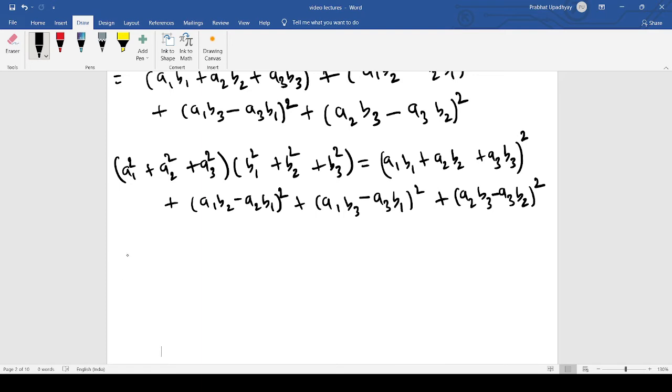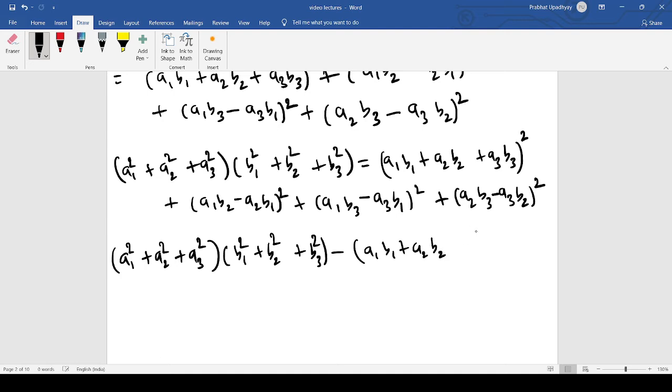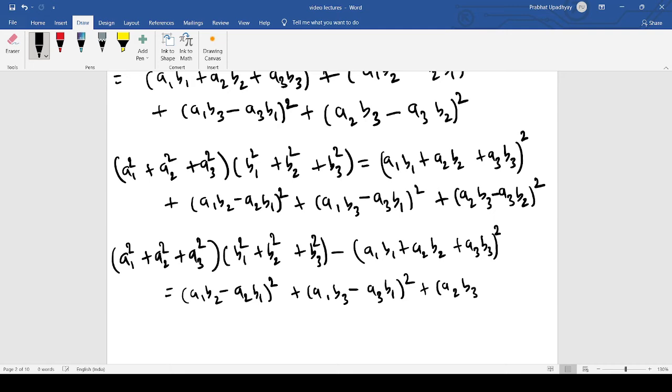And from here you will get a1 square plus a2 square plus a3 square multiplied with b1 square plus b2 square plus b3 square minus square of a1 b1 plus a2 b2 plus a3 b3 is equal to a1 b2 minus a2 b1 square plus a1 b3 minus a3 b1 square plus a2 b3 minus a3 b2 square.